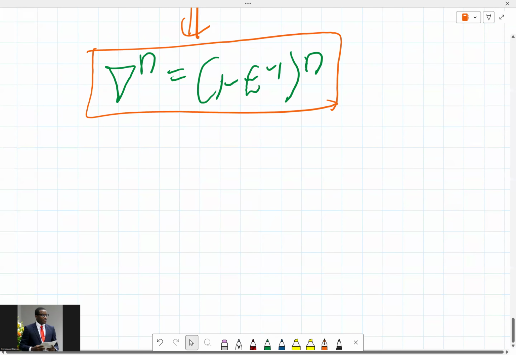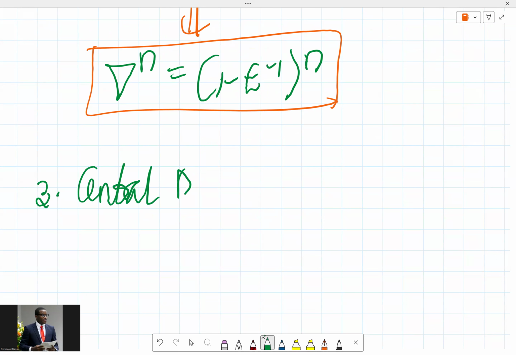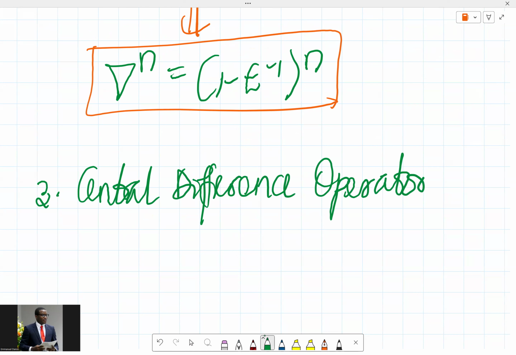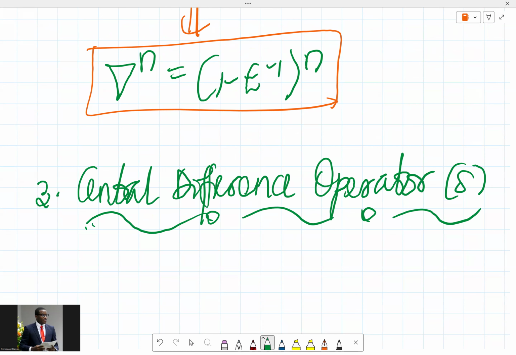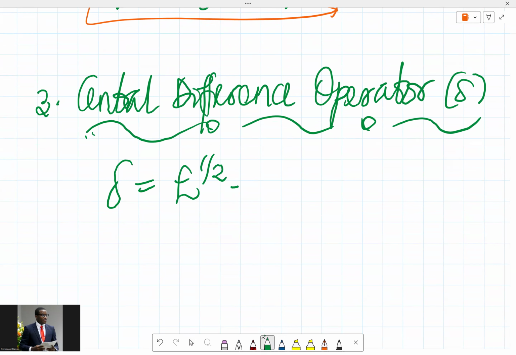That said, we move on to the third one, which is the central difference operator, that's delta now. For this, we just have delta. The central difference is equal to the shift operator raised to half minus the shift operator raised to minus half. That holds.